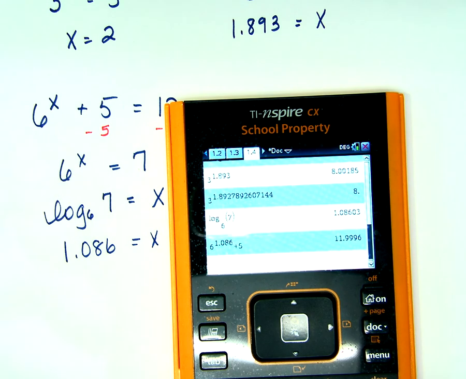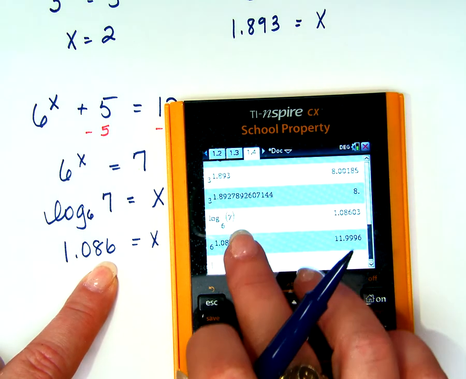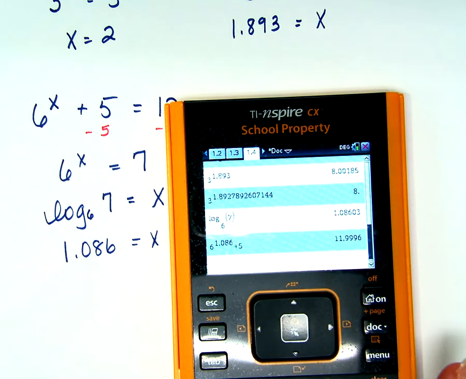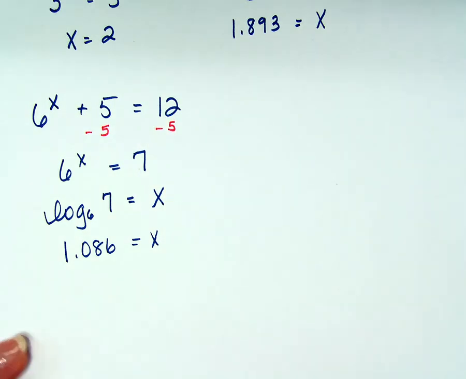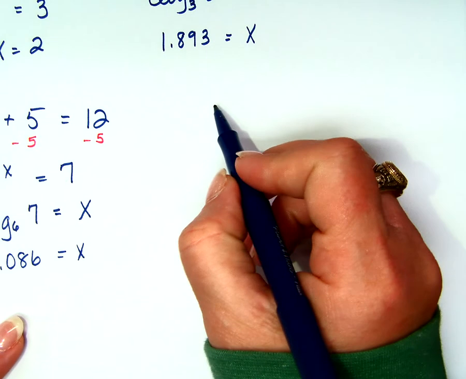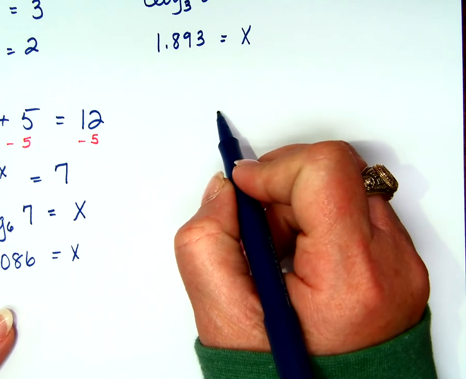That should equal 12. This time it was less than the answer it should have been, right? Because this time I didn't round, but there's still some more information after the decimal points. Does that make sense? Okay. But is it close to 12 like I need it to be? Yes. Okay.